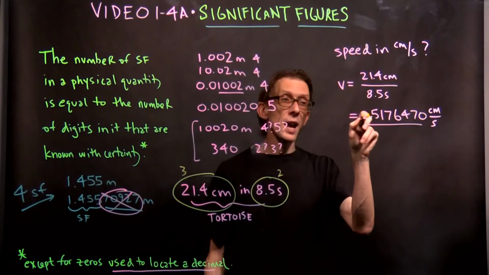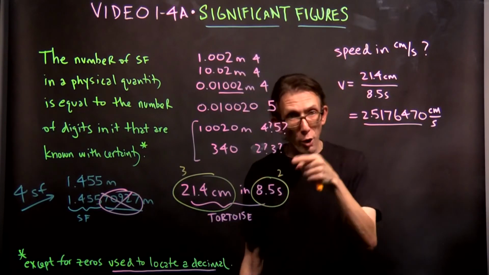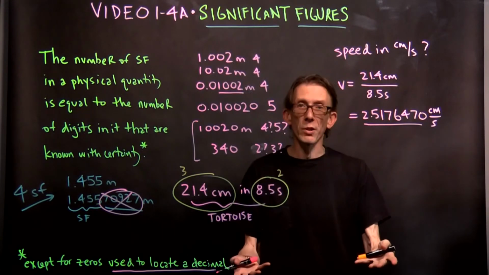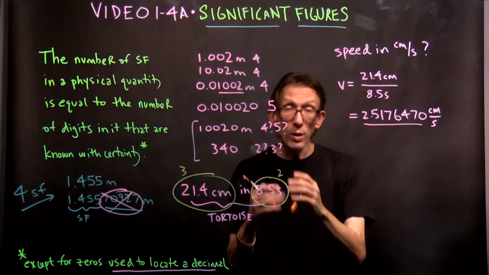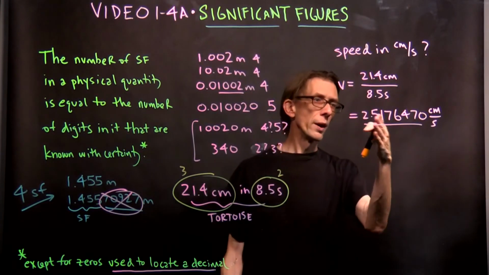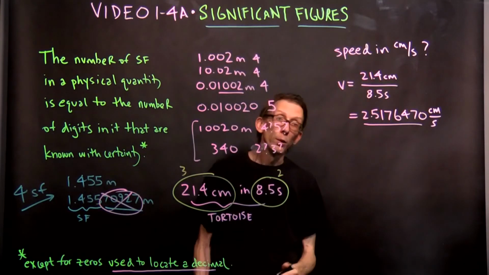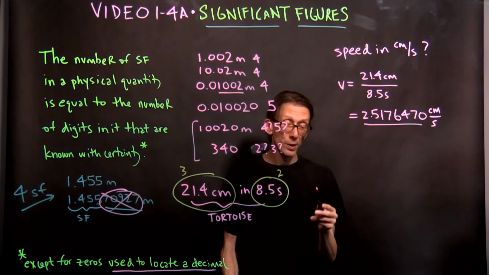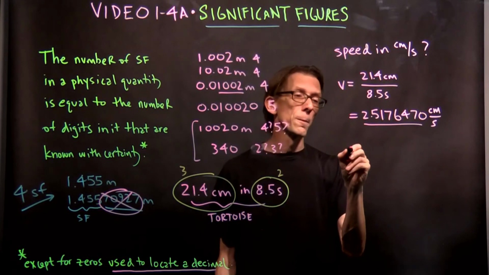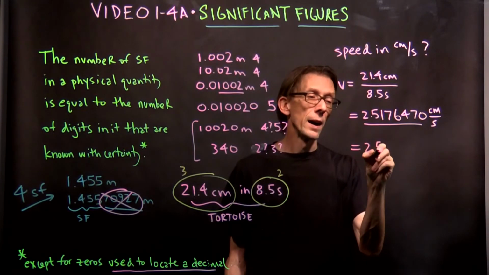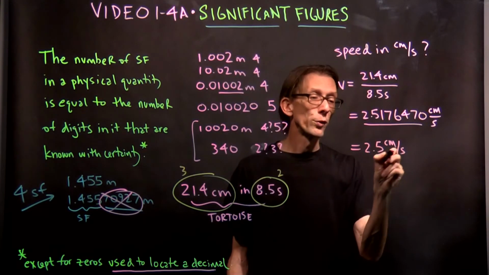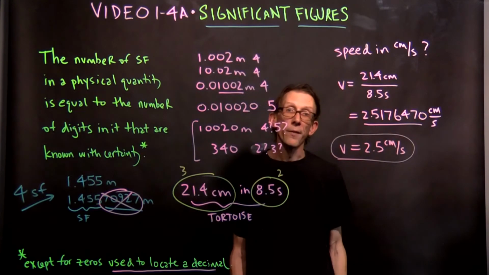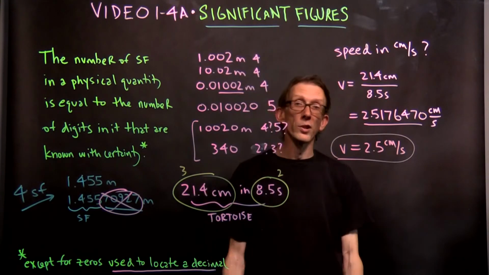So we have to cut this down, not to 3, but to 2, because 2 is the least number of significant figures that we have in the input information. So the answer is not 2.517647 centimeters per second. The correct answer is 2.5 centimeters per second. We have to round it to the smallest number of significant figures that we were given originally.